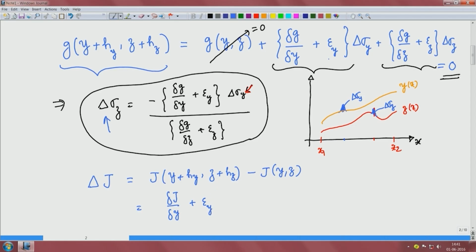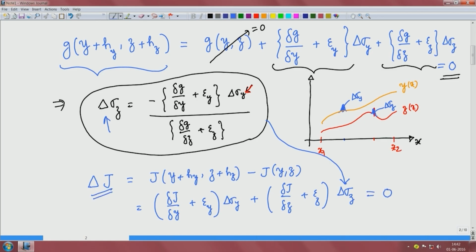This error will not be the same, but using the same symbol does not hurt, you understand from the context. So, this times delta sigma y, plus due to the change in the function z, that little blip we talked about, epsilon z delta sigma z. Now, into this delta sigma z we substitute what we got from the constraint, because the constraint must be satisfied even after perturbation, and this first order change should be equal to 0 also, that gives us the necessary condition.